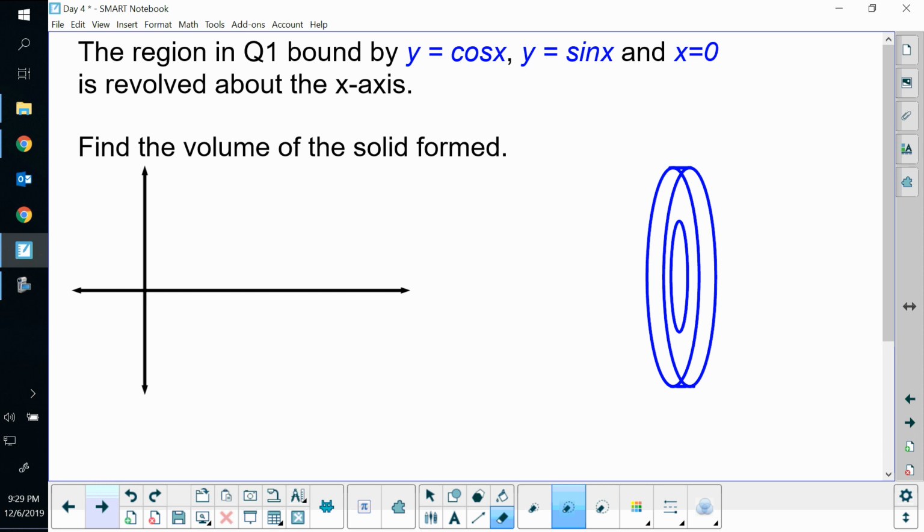All right, so we want to graph cos x, sin x, and x equals 0 and see where they create a bounded section in the first quadrant. Here is x equals 0, so that needs to be one of the walls. There's roughly sine.